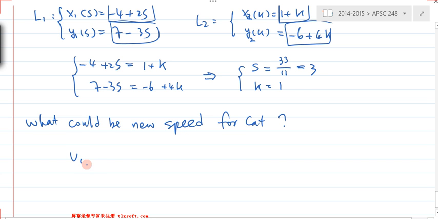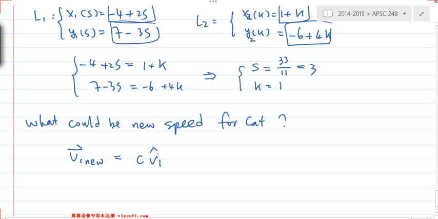So I'm going to call this V1, the cat's new speed. What is the new speed of the cat? V1 new, and as a proportion, we said this is going to be a scale of V1 hat.